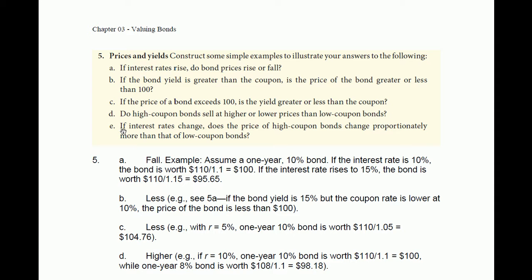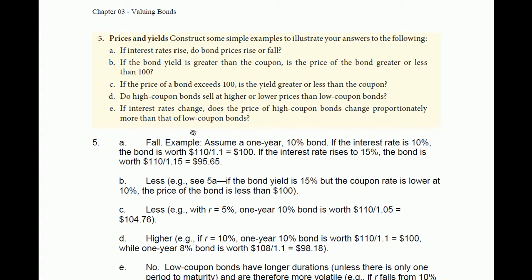E. If interest rates change, does the price of high coupon bonds change proportionately more than that of low coupon bonds? This is an interesting question because in practice, we always use duration to see the relationship between interest rate and the price of the bond.